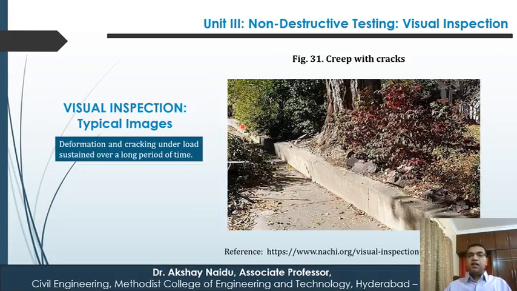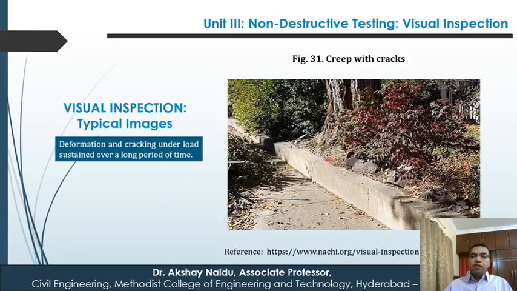See, this is like a small retaining wall kind of a thing. This beam is trying to retain the earth or soil here, and there's a tree that is growing. Naturally, over the period of years, the roots grow and try to expand, and the pressure is taken by this particular beam, which is acting as a retaining wall.